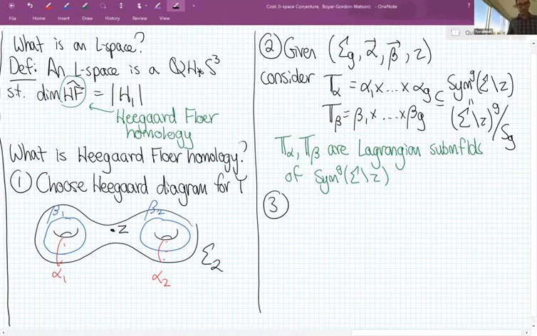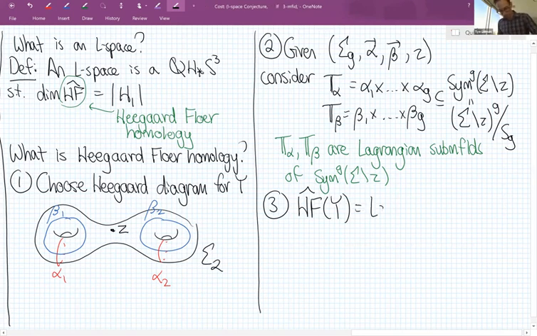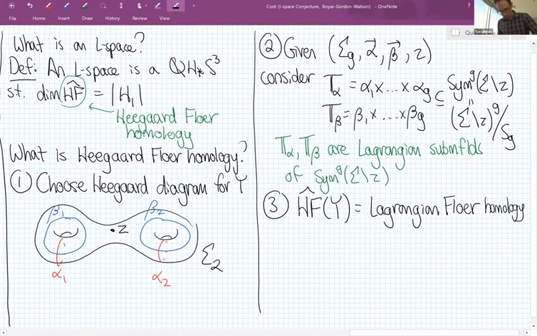Okay, so I've gone from the surface information of the 3-manifold and I've turned it into some kind of high-dimensional symplectic topology situation. And then I just define the Floer homology of Y to be the Lagrangian Floer homology of T alpha and T beta.